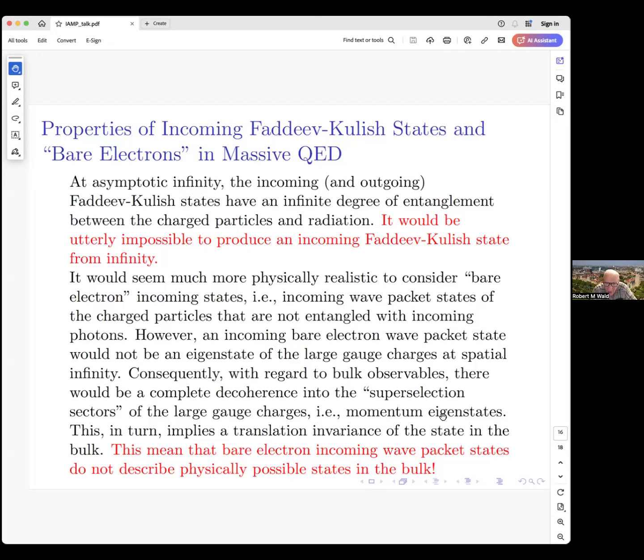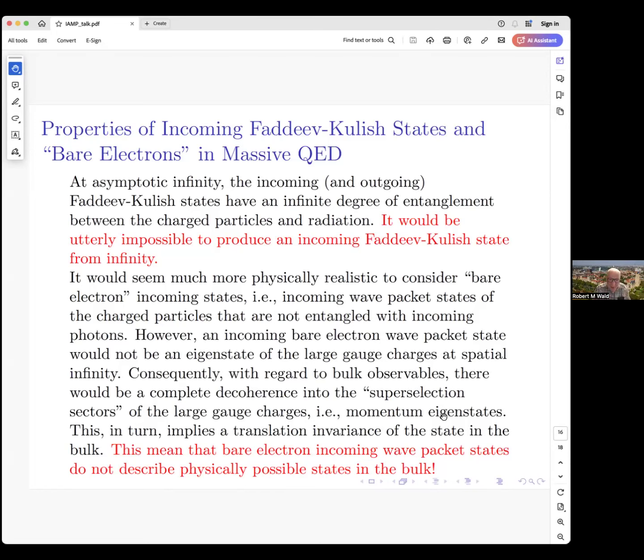But those are just momentum eigenstates. So if you imagine sending in a bare electron, by the time it gets to the bulk, and of course it gets to the bulk as soon as it leaves null infinity, so it doesn't really take a lot of time in some sense, it's completely decohered into momentum eigenstates, which means that the state is physically space-time translation invariant.